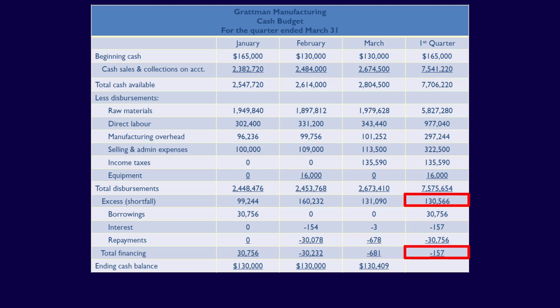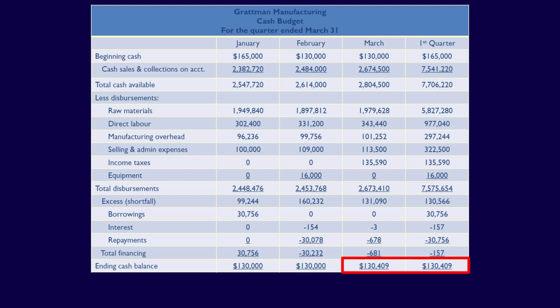Because we paid back the loan in full, total financing is equal to the total interest paid for the quarter. To calculate the ending balance, we take the total excess for the quarter, $130,566, add in the negative $157 for total financing, and we get an ending cash balance of $130,409. Note that the ending cash balance for March 31st is the same as the ending cash balance for the first quarter, which is exactly how it should be.